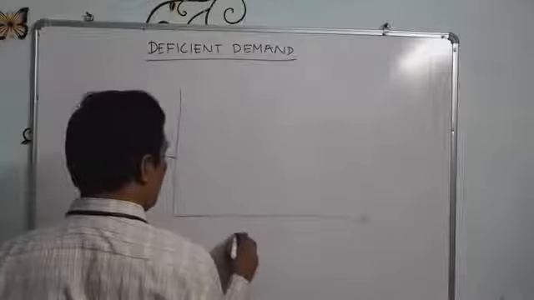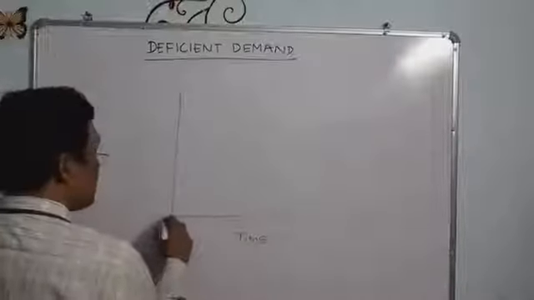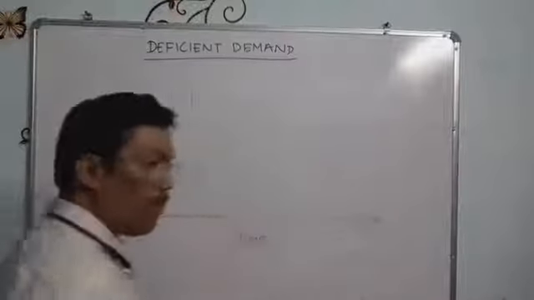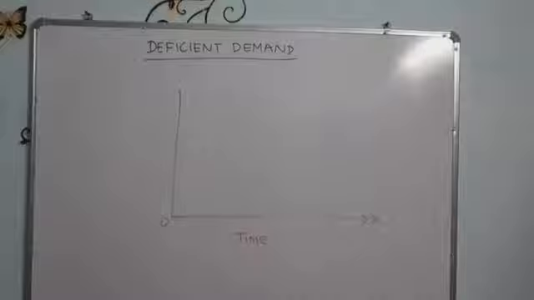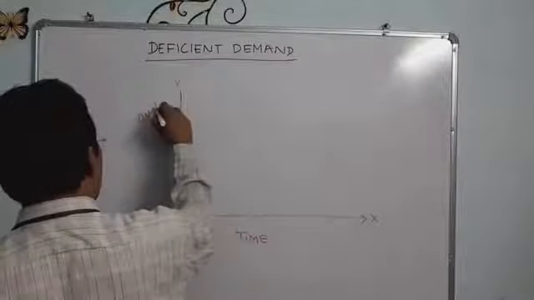This is the time period, and the x-axis is the time period. It means year to year, January, February, March, April, May, June, year after year. And suppose the y-axis represents the output.